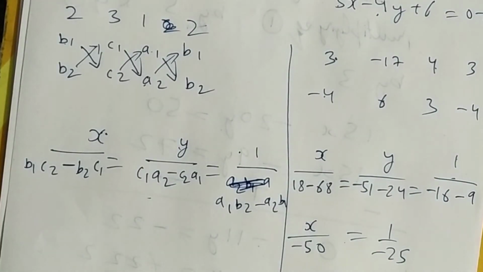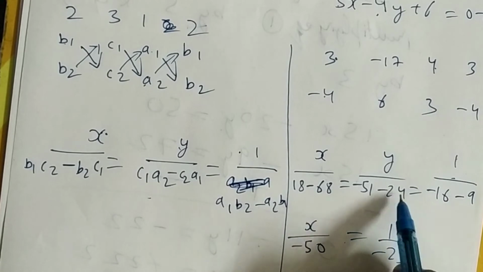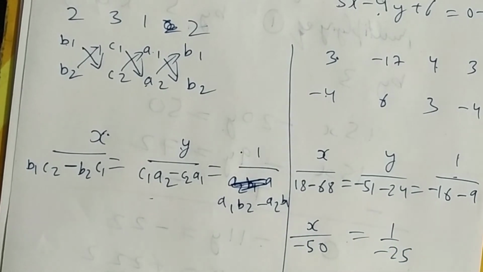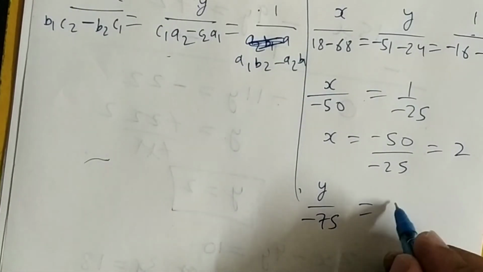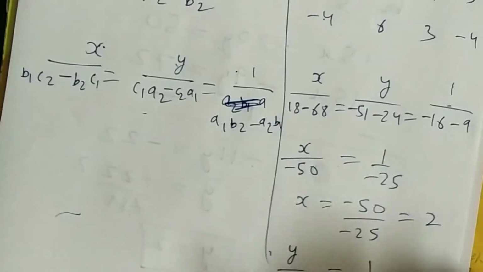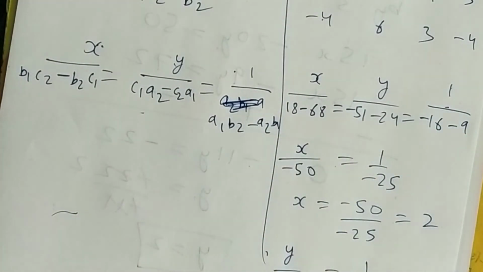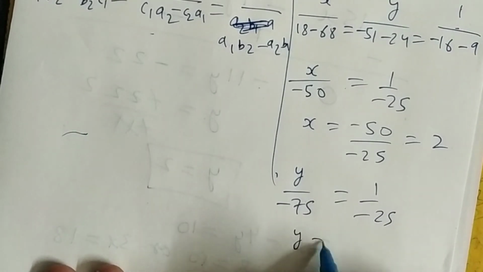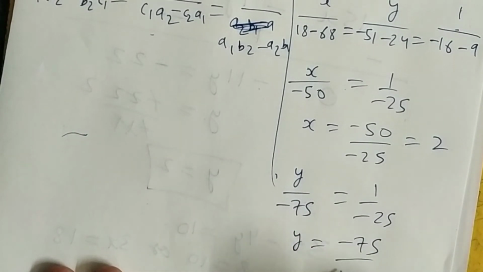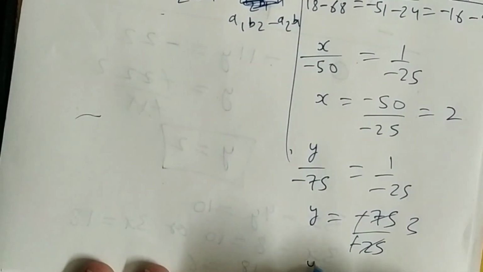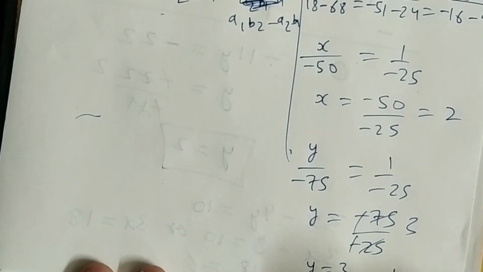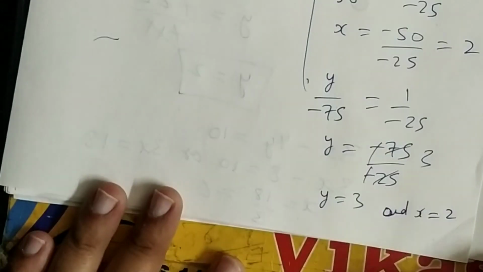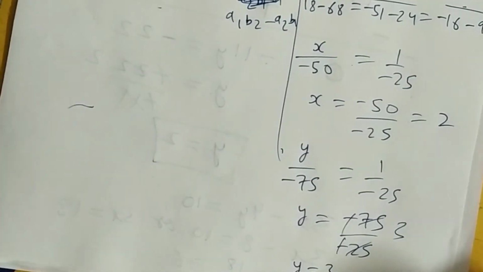So y upon minus 51 minus 24, minus 75, is equal to again minus 16 minus 9, minus 25. From here y is equal to minus 75 upon minus 25, so the value is 3. So y is equal to 3 and x is equal to 2, with the method of cross multiplication.